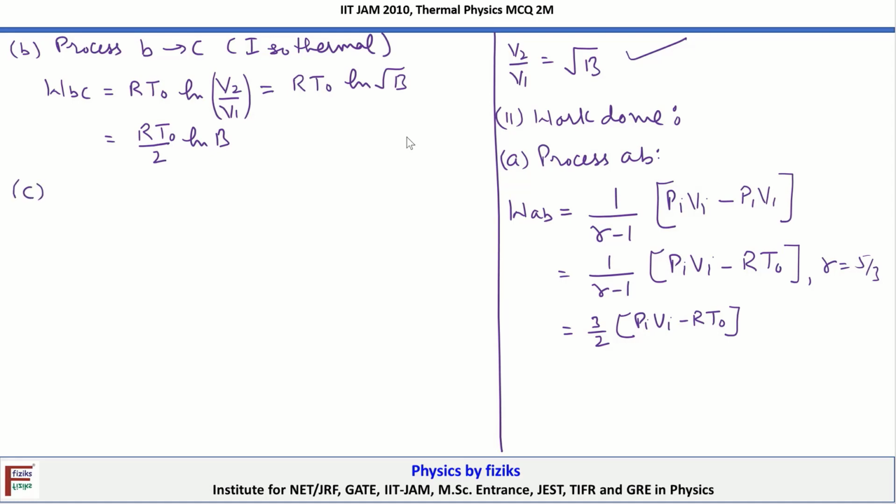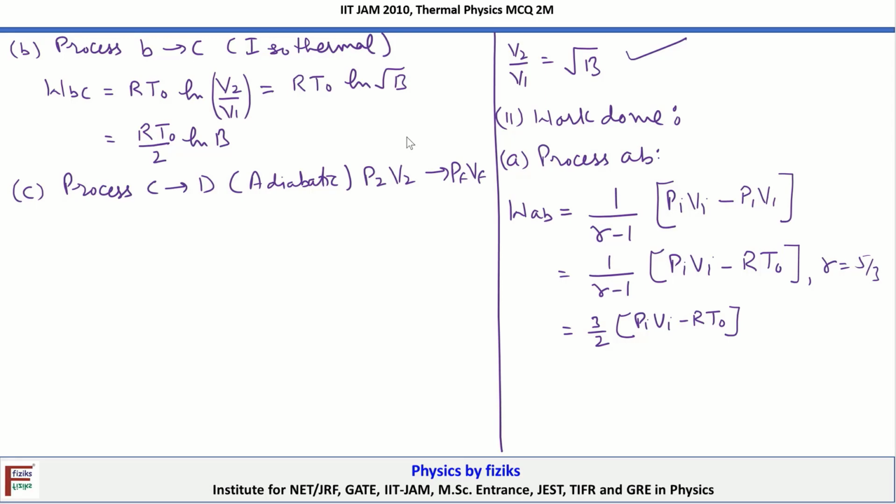Now we are left with the third and last step, which is process C to D, which is again adiabatic in nature. The thermodynamic coordinates change during this process from P2 V2 to P final and V final.